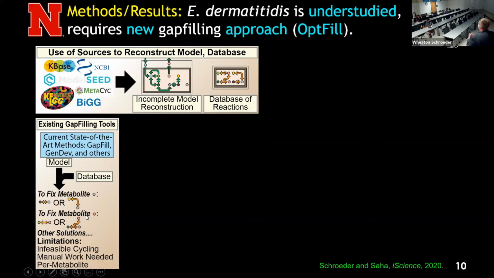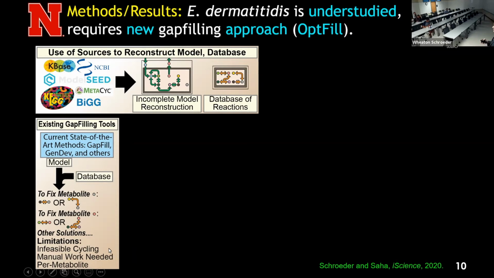Now, this becomes problematic when you have an understudied organism like Exophiala, because we'll have hundreds, perhaps even 1,000 metabolites to fix, and doing this all manually causes several different issues. The first is that it's obviously very time-consuming, and that it's dependent on the curator, depending on what, for lack of a better word, priority you give to fixing the various gaps.